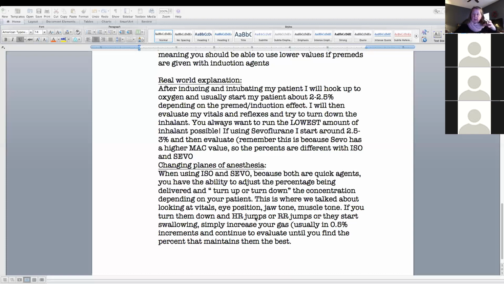They will keep your animal asleep and not moving. But if your patient is reacting to something and you're having to turn them up and up, I'll usually say, hey, I can't turn this patient down, he's huffing and puffing. I communicate to my doctor and they say, yeah, let's give some more butorphanol or some more hydromorphone.